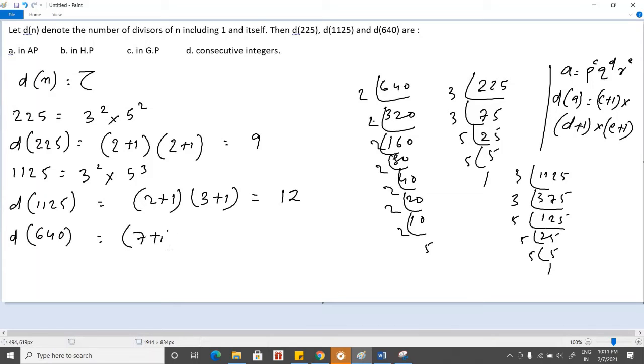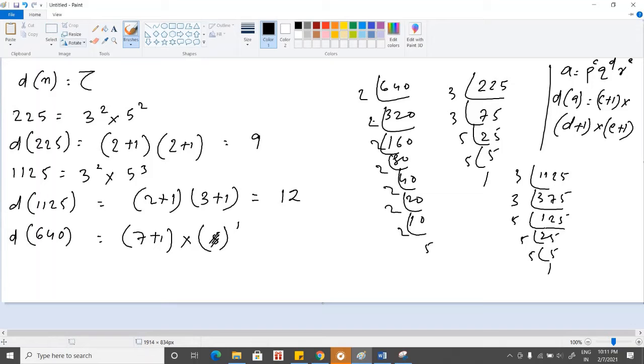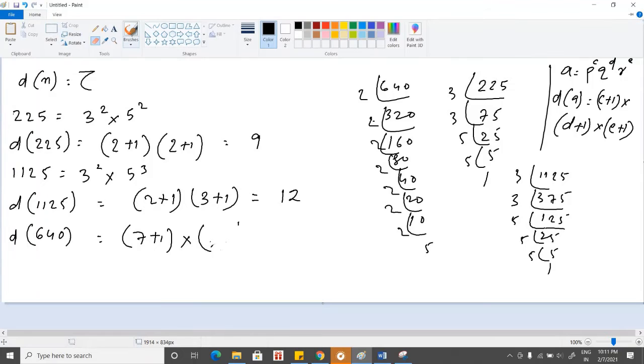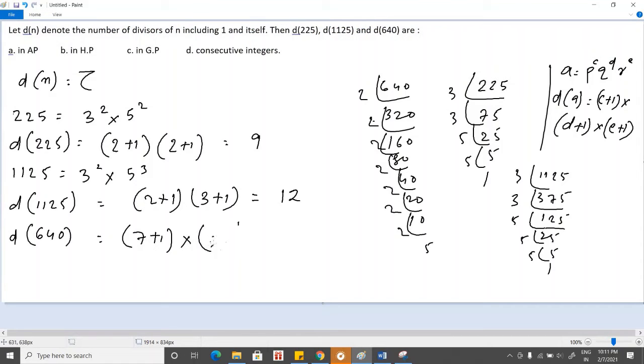Therefore it's 7 plus 1 into 1 plus 1, and this will give us 16.